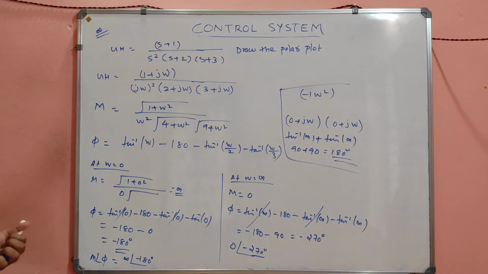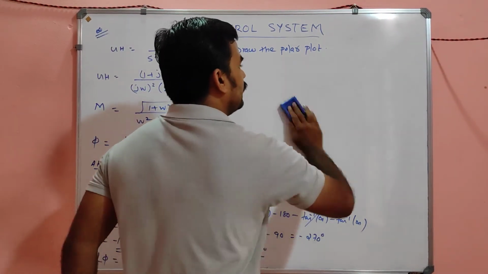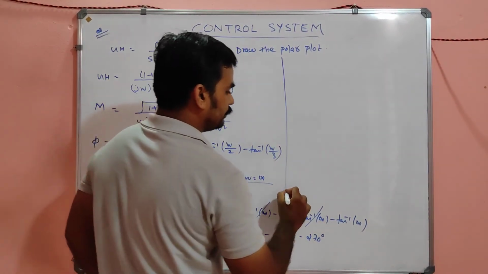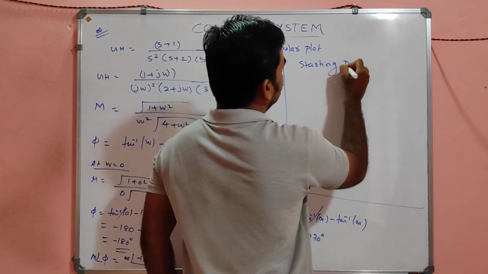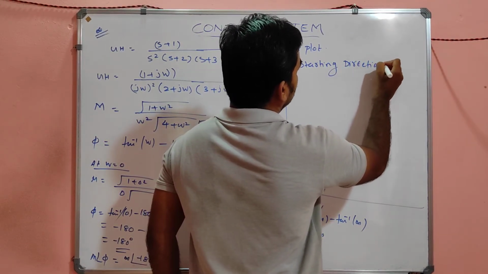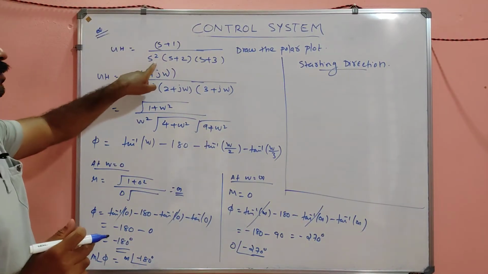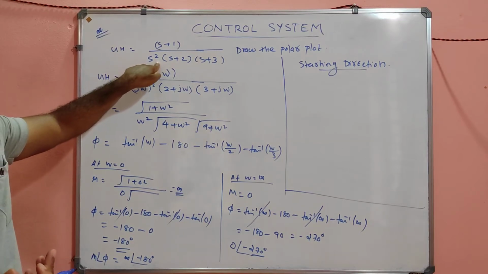Okay. Next step is what, my dears? We have to know the starting and end direction. How can we know the starting direction, my dear? Here also, poles or zeros at the origin need not be considered.